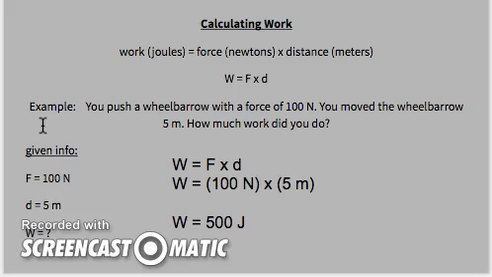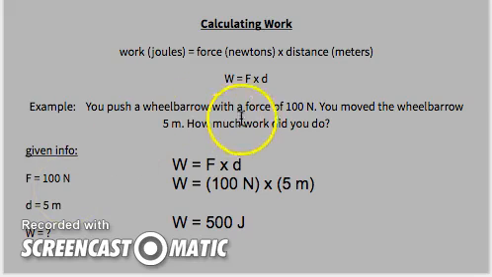We're going to take a look at what was the given information in the problem and how we are going to use that information in the equation above. So if we read the problem again, you push a wheelbarrow with a force of 100 newtons. We see here that we have a force of 100 newtons. So we have given F equals 100 newtons.